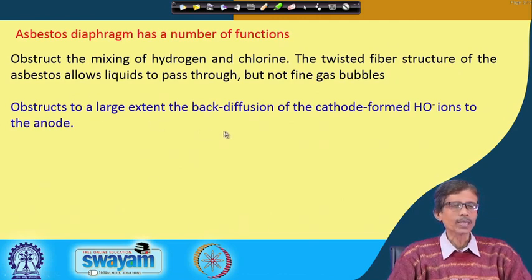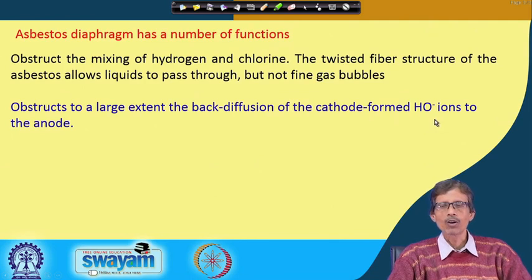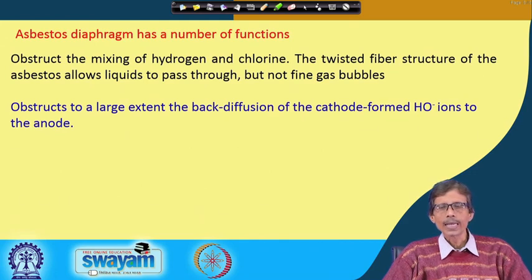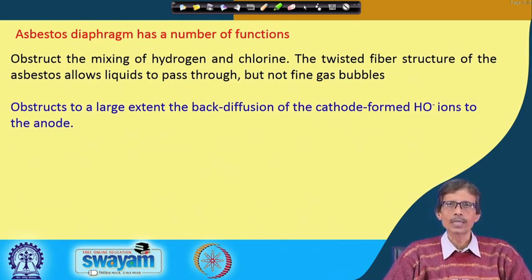It also obstructs, to a large extent, the back diffusion of the cathode-formed hydroxide ions to the anode, because of the accumulation of these hydroxide ions which form at the cathode. So, it is not allowing any back diffusion of the hydroxide ion to the anode, because otherwise this hydroxide ion will be reactive at the anode.